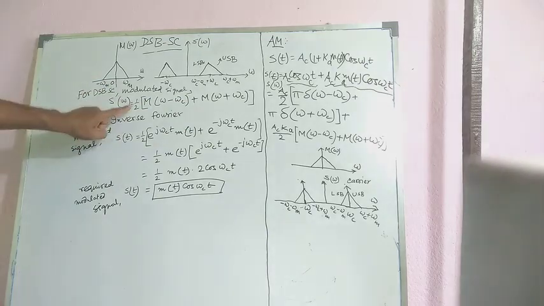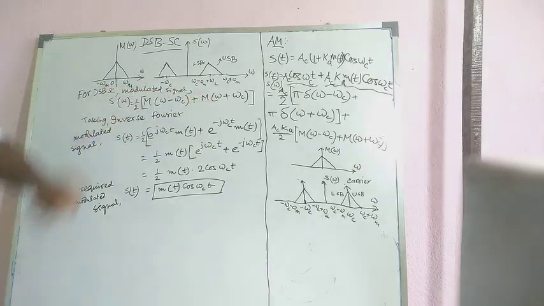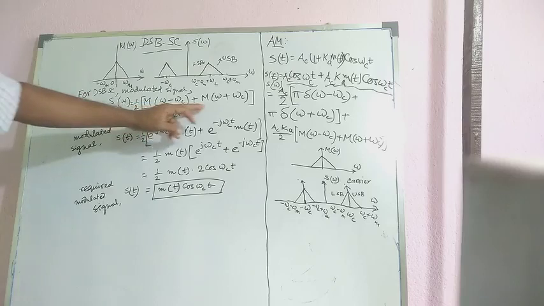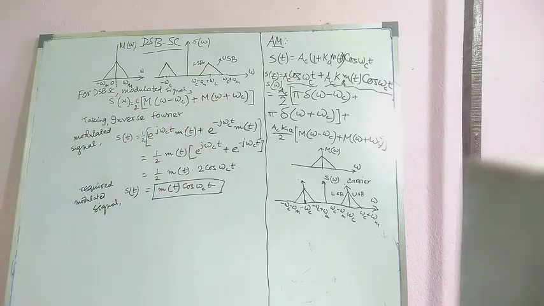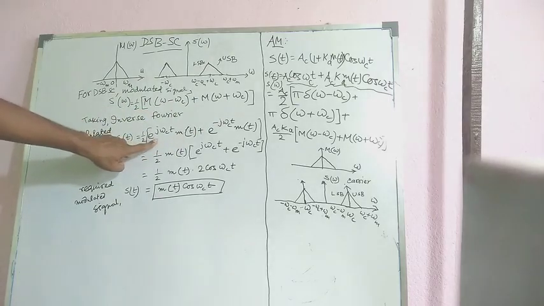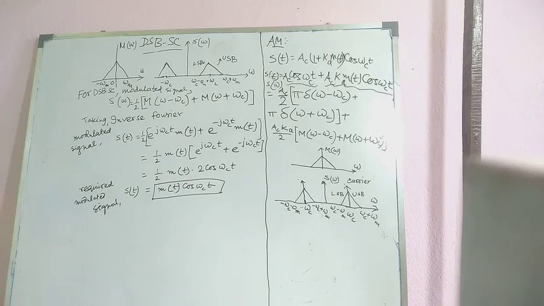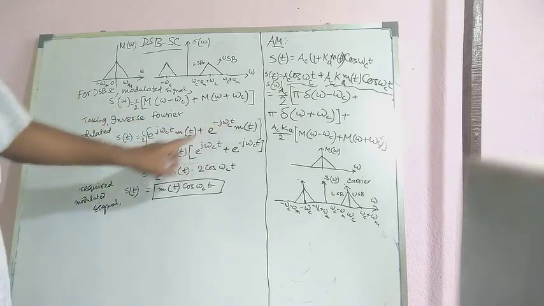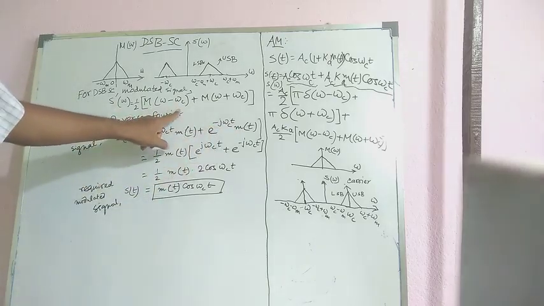Taking the inverse Fourier transform, what do we get? It is nothing but the frequency shifting property of the Fourier transform. That means if we multiply the message signal with e to the power j omega c t, we will get M(omega minus omega c).